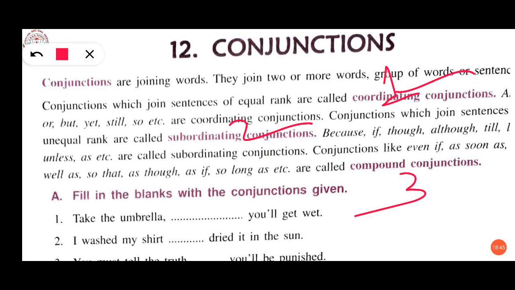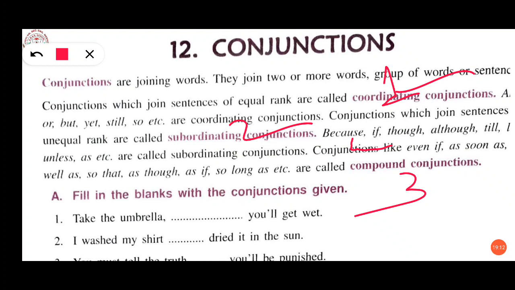For example, or, but, yet, still, so, etc. are coordinating conjunctions. These are the words that help to join sentences of equal rank.